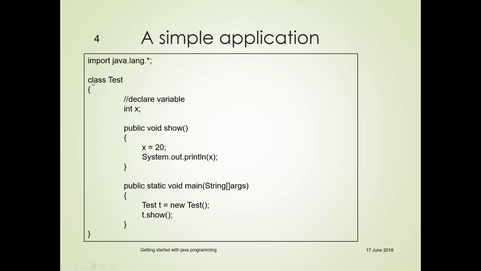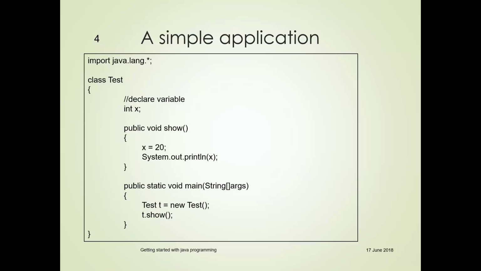Now this word class is a keyword. This is a Java keyword in small letters, and after that the word test which is written is the name of this class. So whenever we write a program in Java, we have to write it in a class, and a class is written like this: the keyword class, a space, and the name of the class. So I would call it the test class.